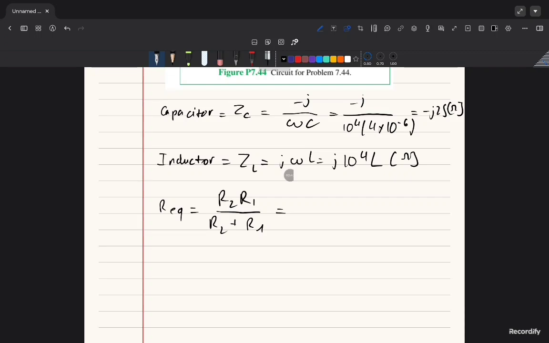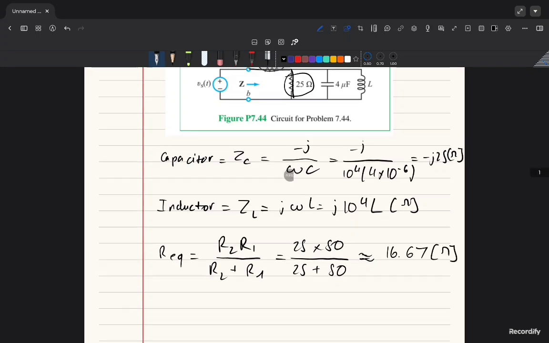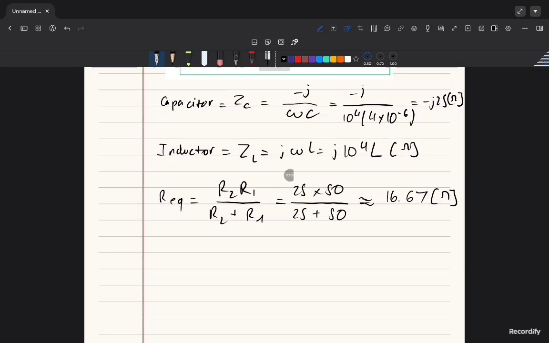Since R2 is 25 and R1 is 50, this gives us 25 times 50 over 25 plus 50, which is roughly 16.67 ohms.